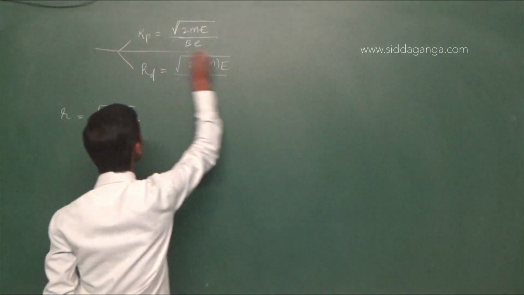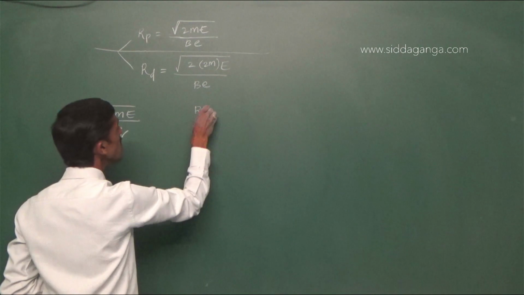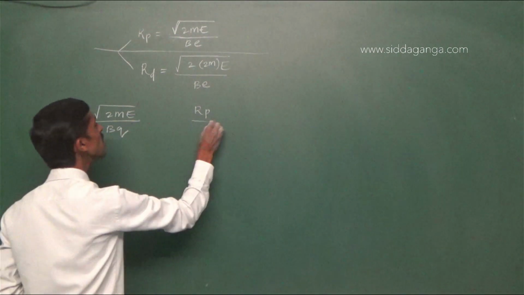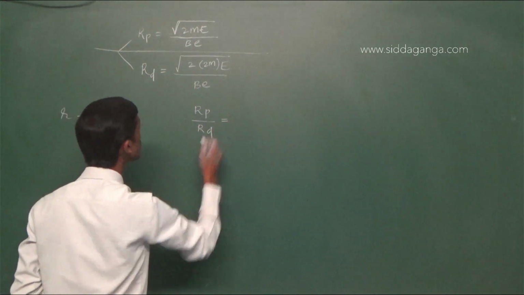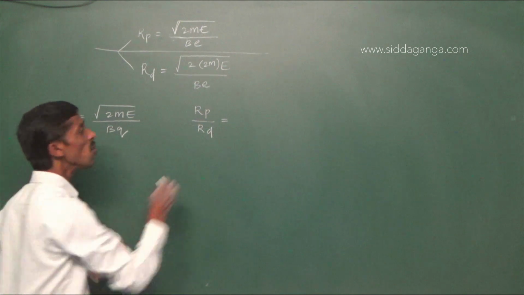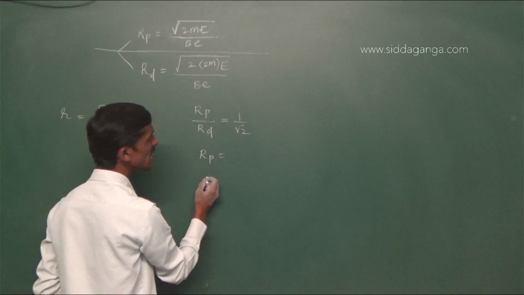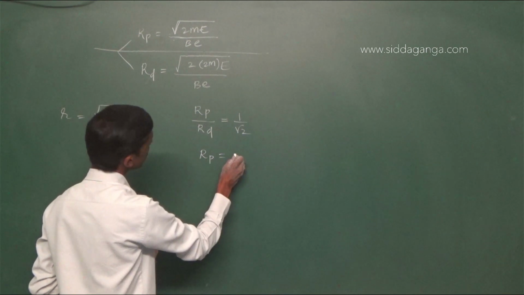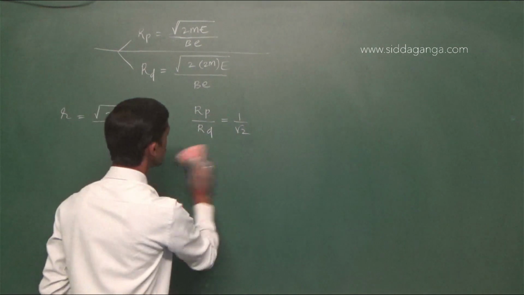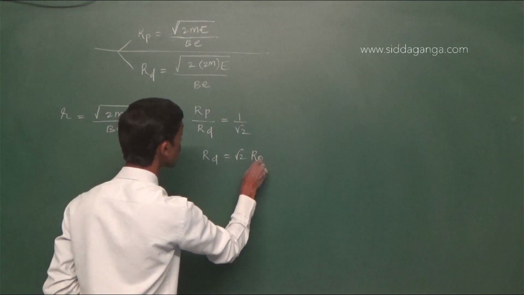If you take the ratio, radius of the proton divided by radius of the deuteron is equal to 1 by root 2. So the radius of the deuteron is equal to root 2 times the radius of the proton.